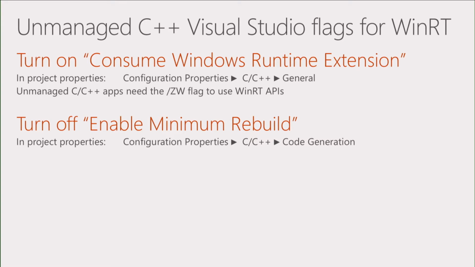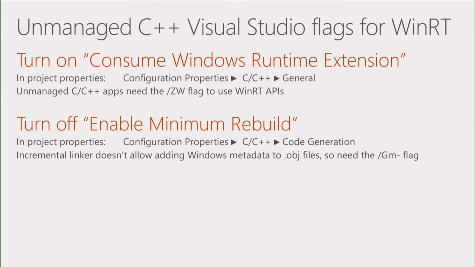The other thing that you need to do is turn off Enable Minimum Rebuild. It's next door in the code generation path of the properties. The reason that you need this is that the incremental linker doesn't allow adding Windows metadata to object files. It'll add a little time to your compile, but you need to.